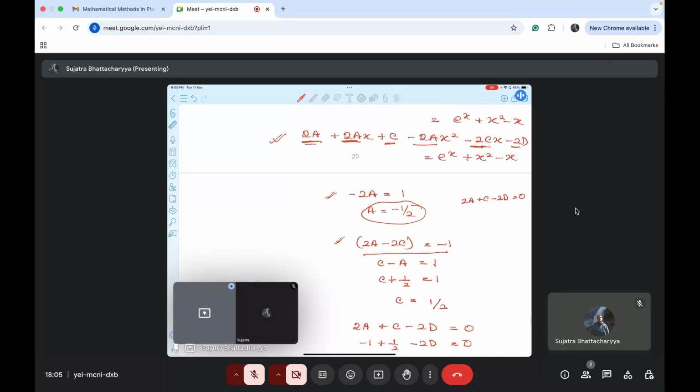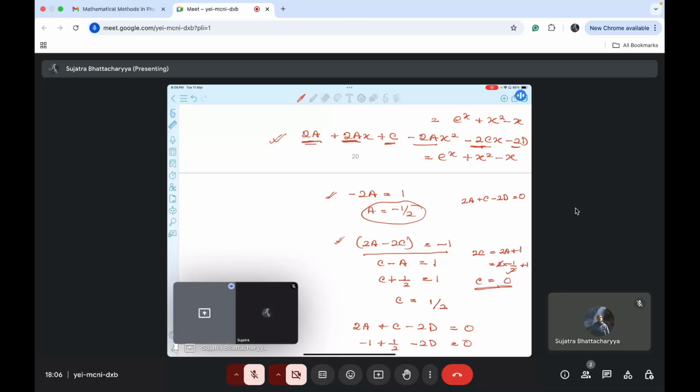And now here, 2c will be equal to 2a plus 1, and 2a is nothing but 2 times minus half, because we have already got a as minus half, plus 1. So it's minus 1 plus 1, which is equal to 0. Therefore, c will come out to be 0.